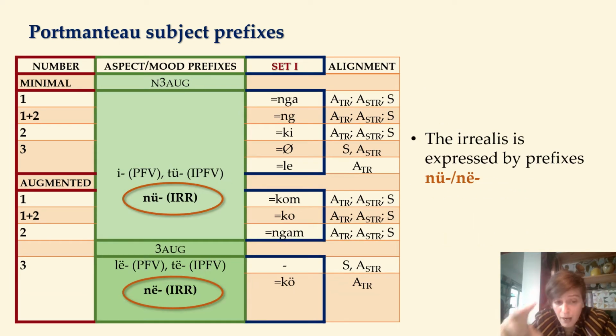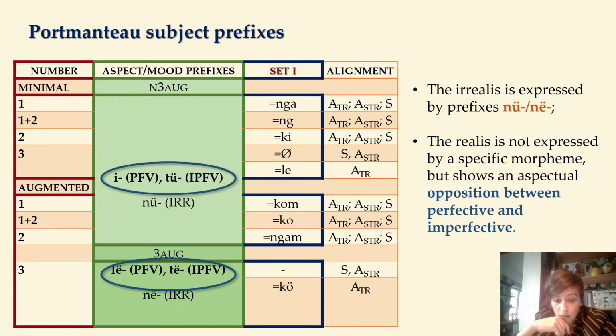But while the irrealis is expressed by specific prefixes with different forms depending on the number, as shown here in the table, the realis shows an opposition, an aspectual one, between perfective and imperfective. And we can see here in the table that there are different forms as well, depending on the number.